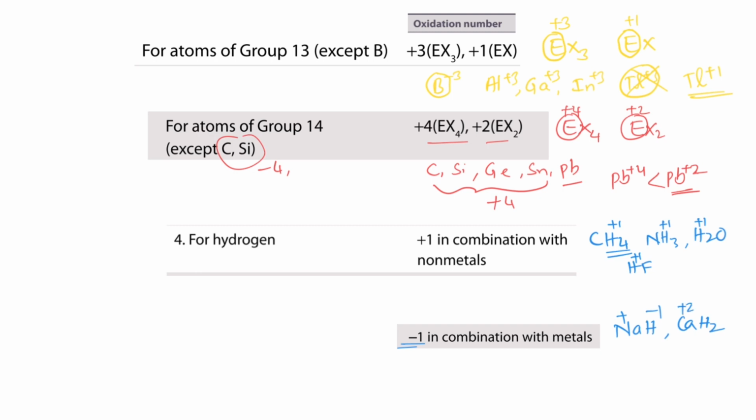Therefore, hydrogen shows -1 oxidation state. These are called hydrides. When hydrogen has a negative charge, that is called hydride. Hydrogen with a positive charge is called proton.